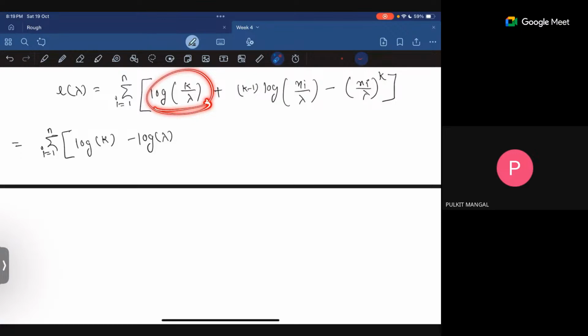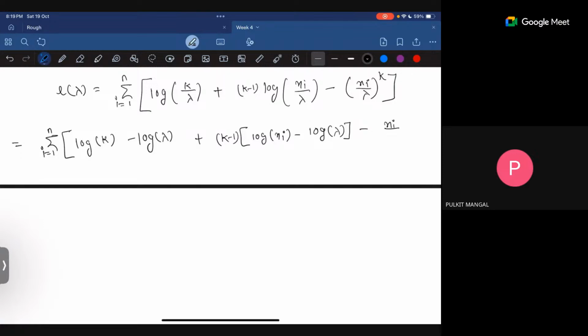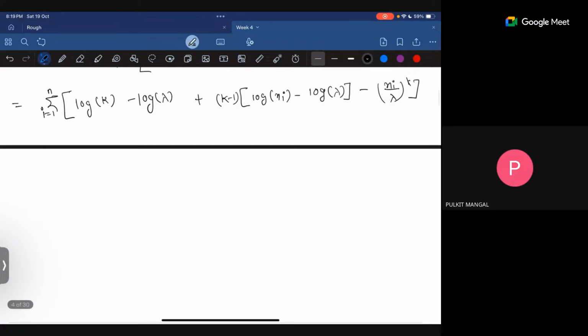Because they are in division, this would turn out as minus, and similarly here also it is k minus 1 log of xi minus log of lambda, and here just xi by lambda power k. Anybody has any doubt till now? I hope no. So let's simplify it further.